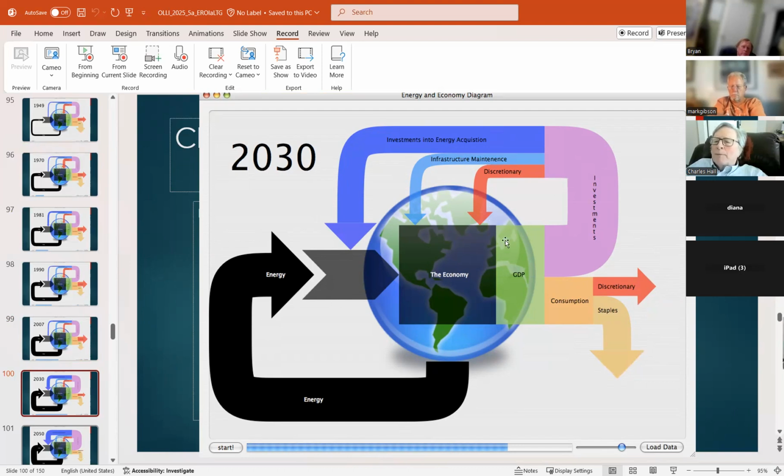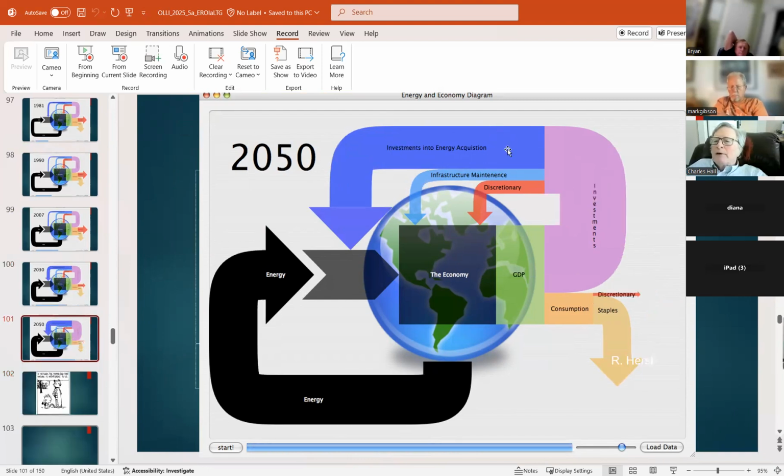Remember, these are all in percent, not in absolute values. And by 2050, the EROI decline would cause very large impacts. A decline of EROI to getting back only 2 to 4 units of energy for every one invested would make a huge impact.